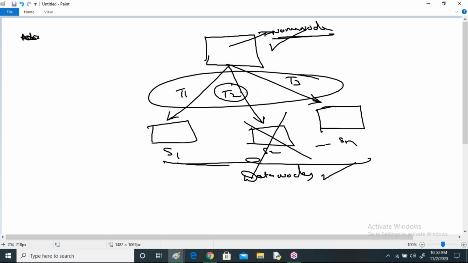That is the fault tolerance mechanism. But if the name node goes down, then immediately the secondary name node comes into the picture.